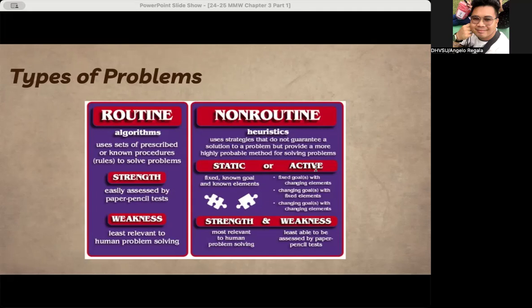Usually, ginagamit natin yung mga active non-routine problems in situational basis. Okay, let's say sa mga kaso na at first, because of the evidences, sa tingin mo, ito yung reason nung case na yon.